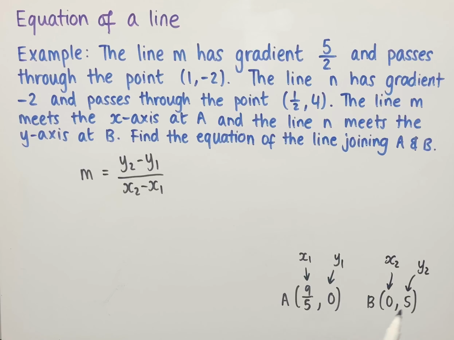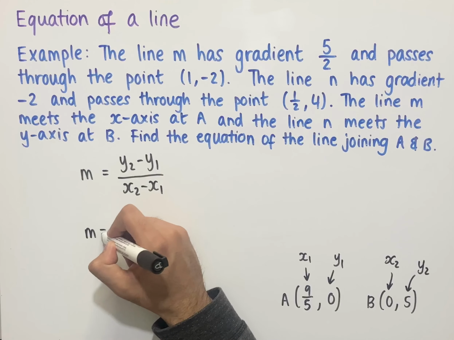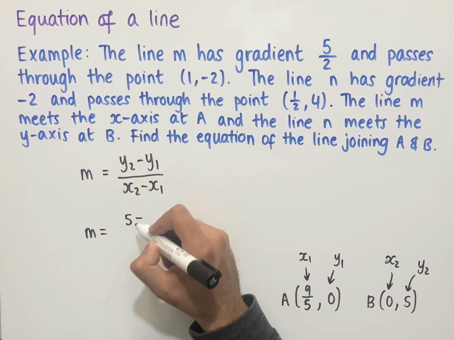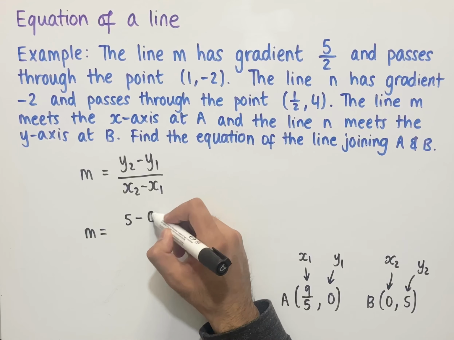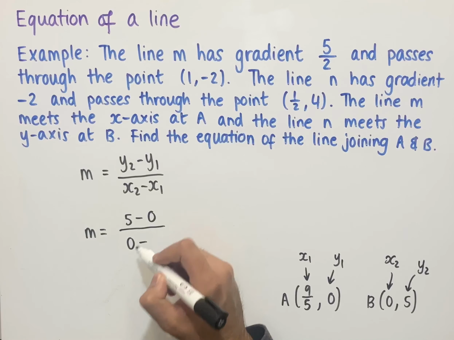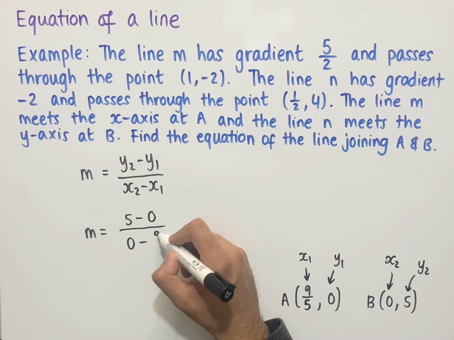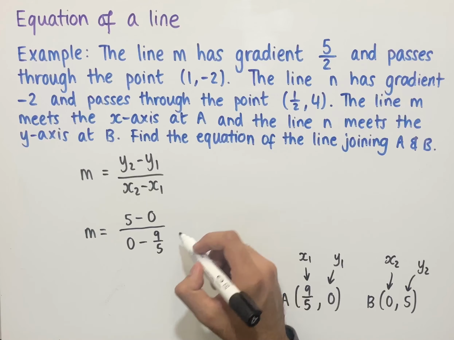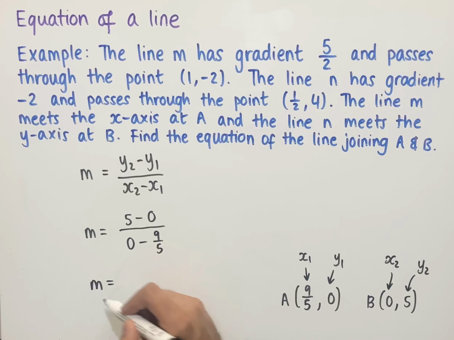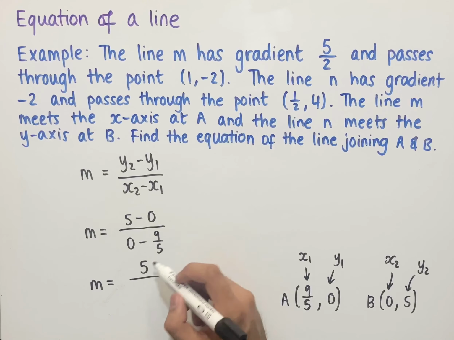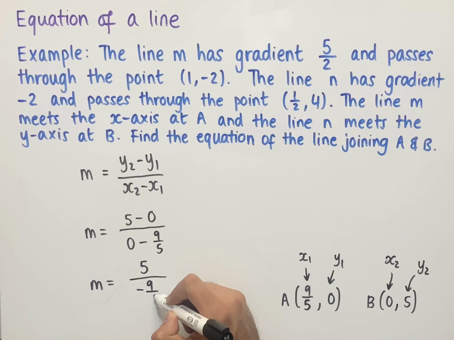Substituting these values into this equation, we get the gradient of the line joining A and B is equal to y2, which is 5, minus y1, which is 0, over x2, which is 0, minus x1, which is 9 over 5. Simplifying this, we get that m equals 5 minus 0, which is 5, over 0 minus 9 over 5, which is minus 9 over 5.